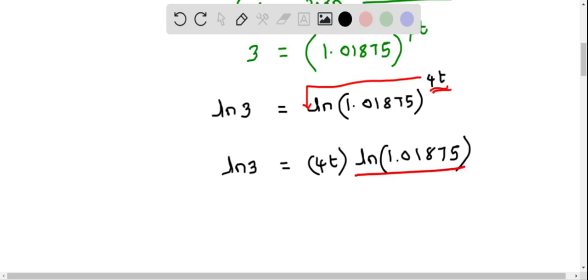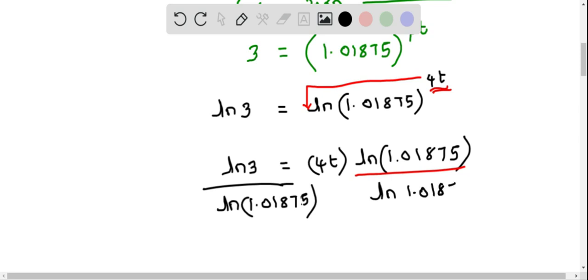Now to solve for t, we first divide by this expression. So I get natural logarithm of 3 over natural logarithm of 1.01875, and this equals 4t. So these two natural logarithms get cancelled on the right side.